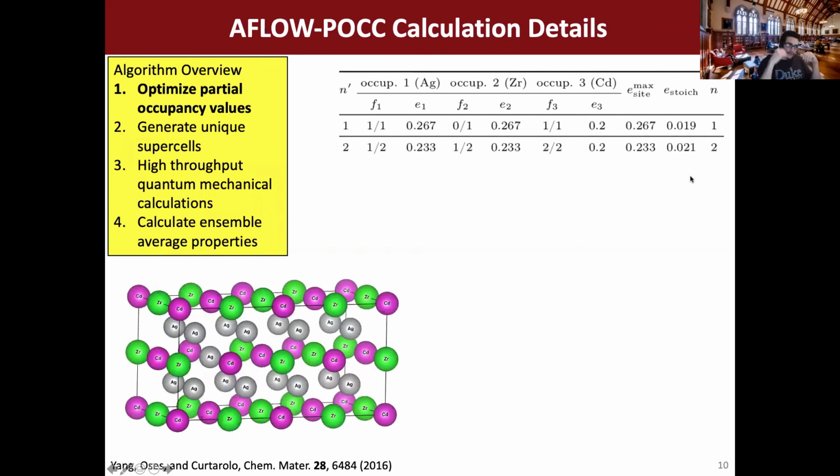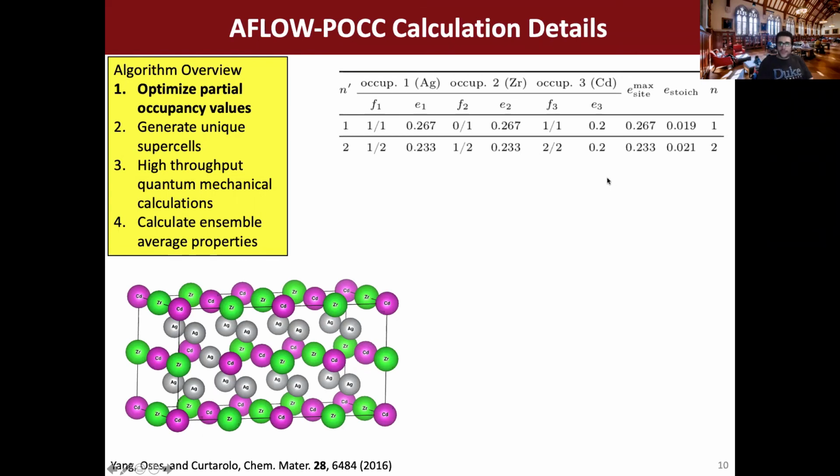Now we go to supercell size 2. We can now actually occupy that single site of silver and zirconium. We can take one to have silver and one to have zirconium. If you look at the errors of the site, now you're decreasing the errors associated with how much you're missing at any particular site.